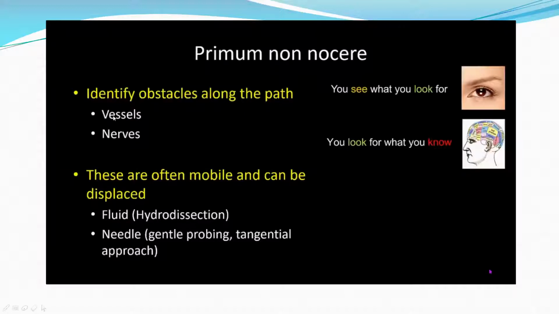So we have to identify vessels and nerves in our pathway. For this also we have to be versed with the anatomy so that we can know which structures can lie in our pathway. We can apply color Doppler and pulse wave Doppler also to identify the structures before giving the block.